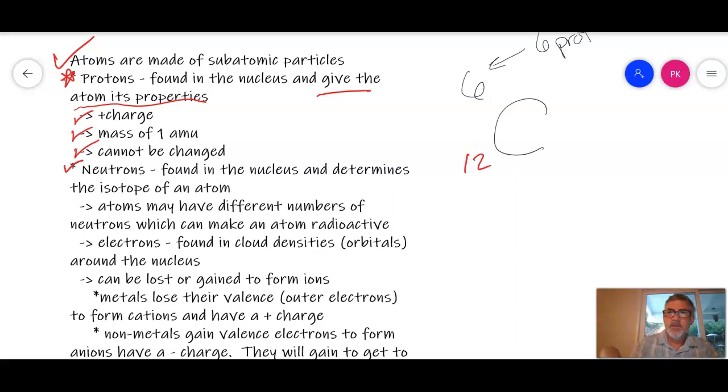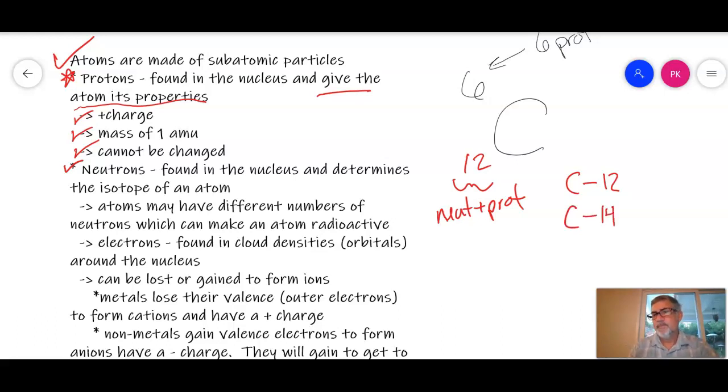This 12 is neutrons plus protons. That's why it's the number 12. If it's 12, it has 6 neutrons and 6 protons. Sometimes we write it like this, carbon 12. That's called isotope notation.